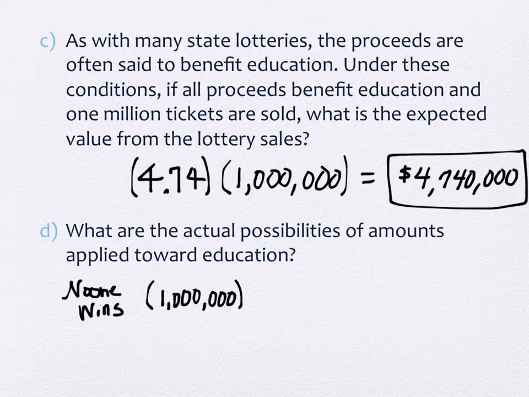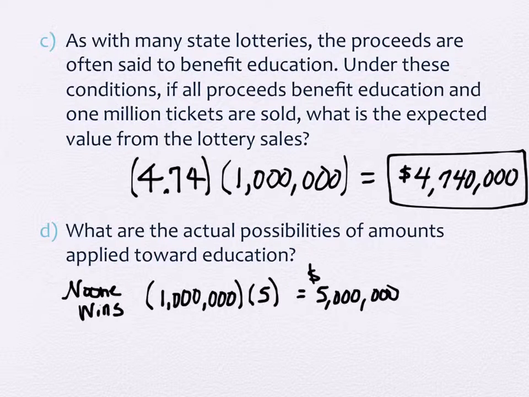So what do I need to multiply my million by? It's not the 4.74. It's 5. That's how much tickets cost. Tickets cost $5, they sell 1 million tickets, nobody wins, and they keep all the proceeds. So this is $5 million. That's one outcome.